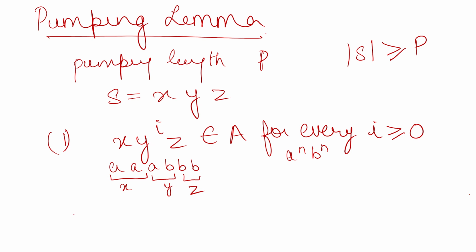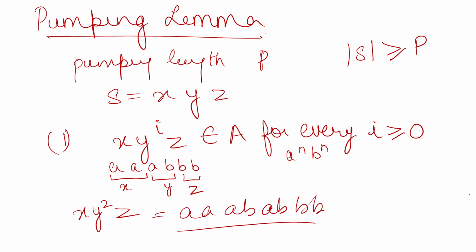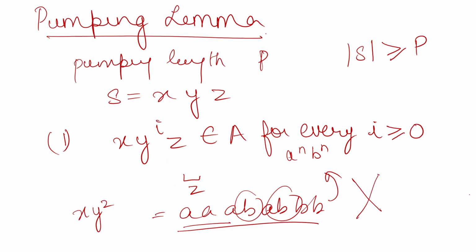Then when we say x y squared z, I mean a a b a b b b. Does this belong to a^n b^n? No. It has different combinations of a and b. Therefore, the first property is not satisfied. Let's go on to our next property.